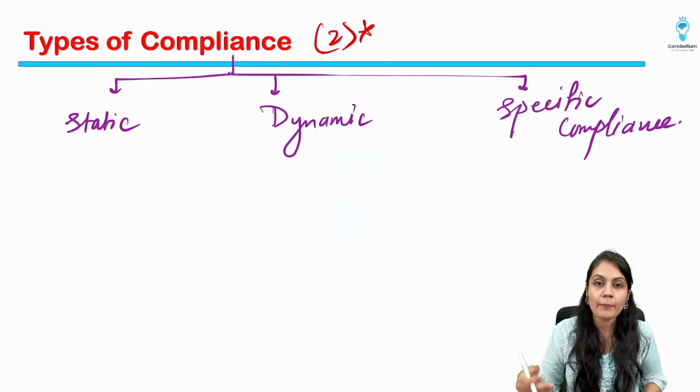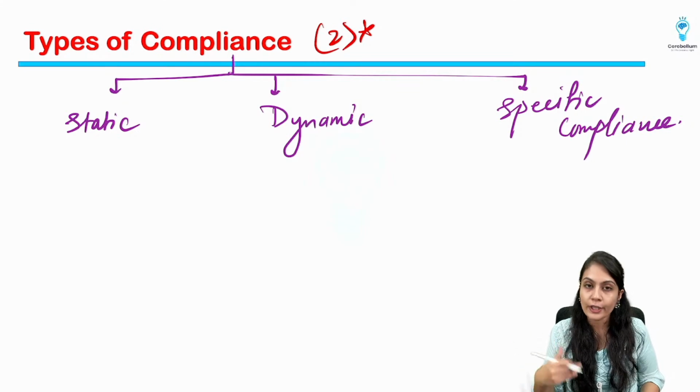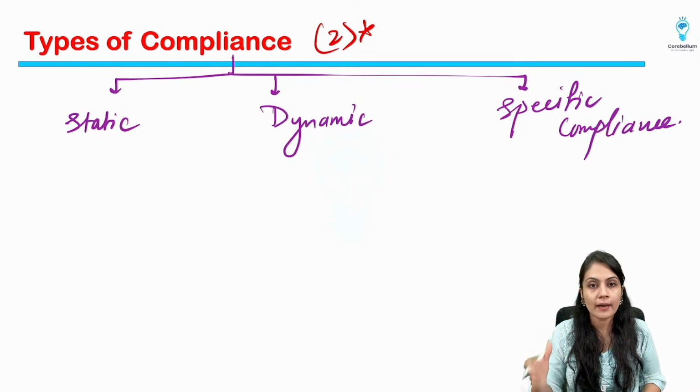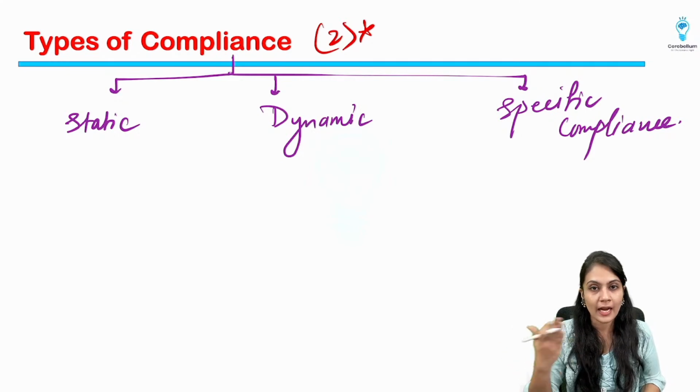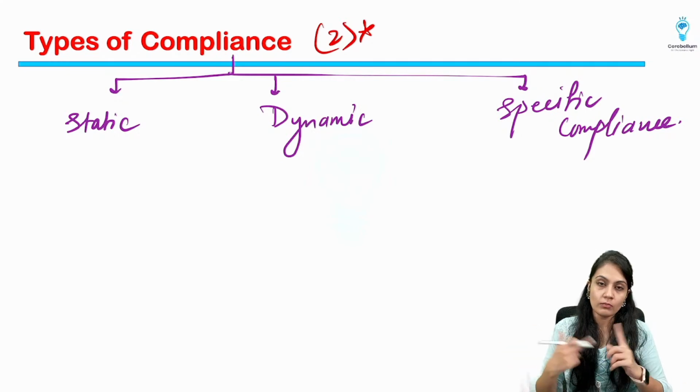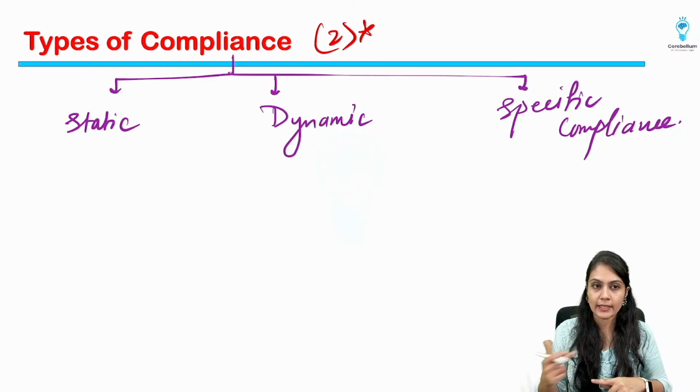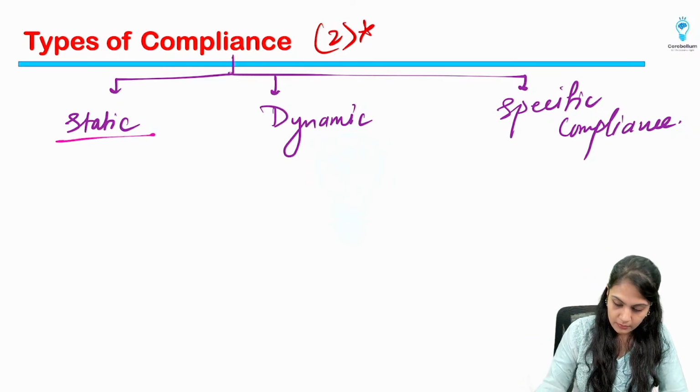Then again I ask them to continue the breathing, interrupt in between, take another level of volume and pressure, and check the difference between the two. That's how static compliance is measured. So the breathing is interrupted over here.